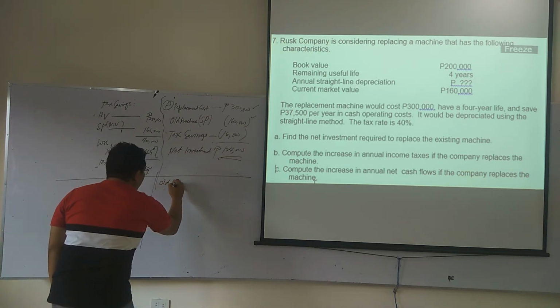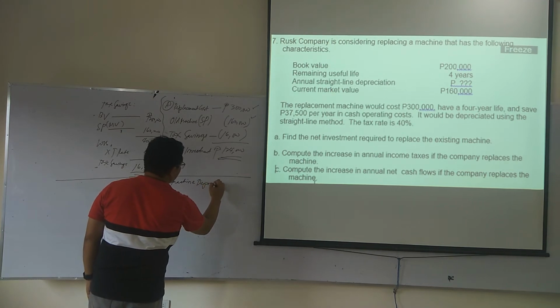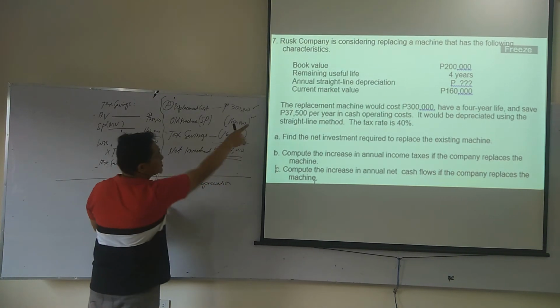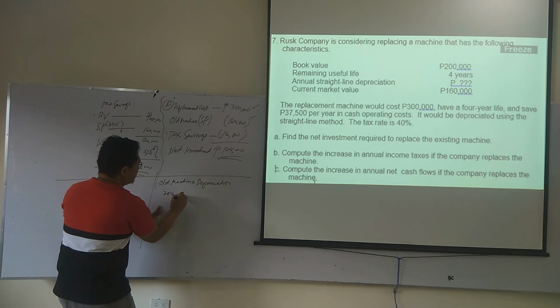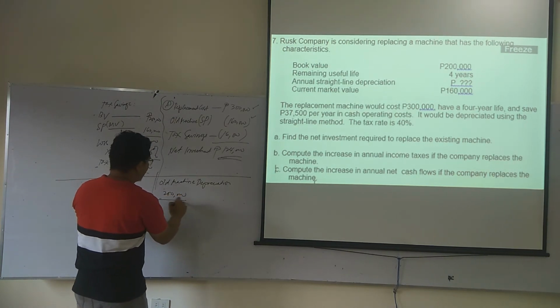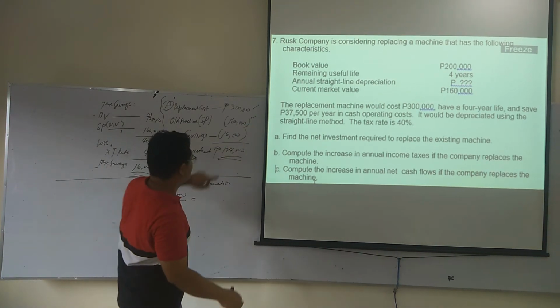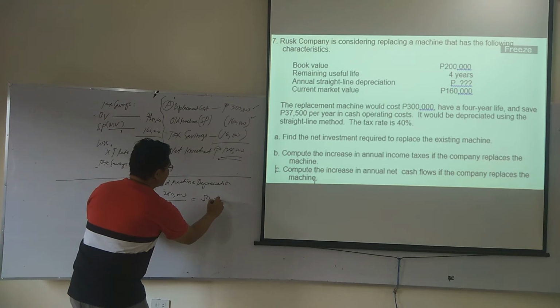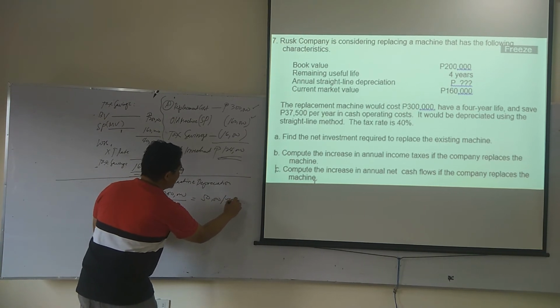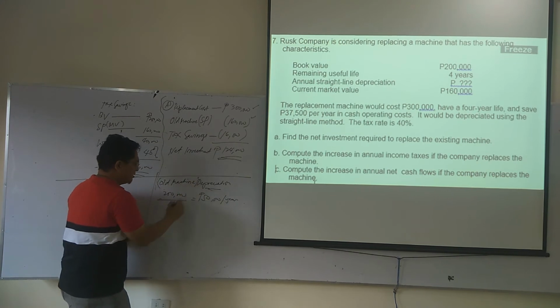For our old machine, depreciation is 200,000 divided by the remaining useful life of 4 years. So that's 50,000 per year. This is the depreciation of the old machine.